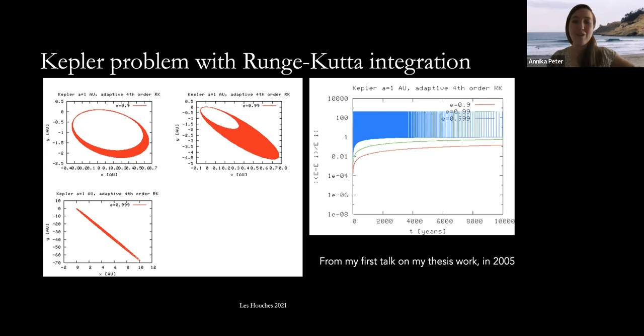So if I had solved this perfectly numerically, all these lines would be at or below the lower axis of this plot. Instead, what you see is that the energy errors grow in time. The worst case is this extremely high eccentricity orbit at 0.999, where I'm getting a factor of 100 to 1,000 fluctuations in the energy.